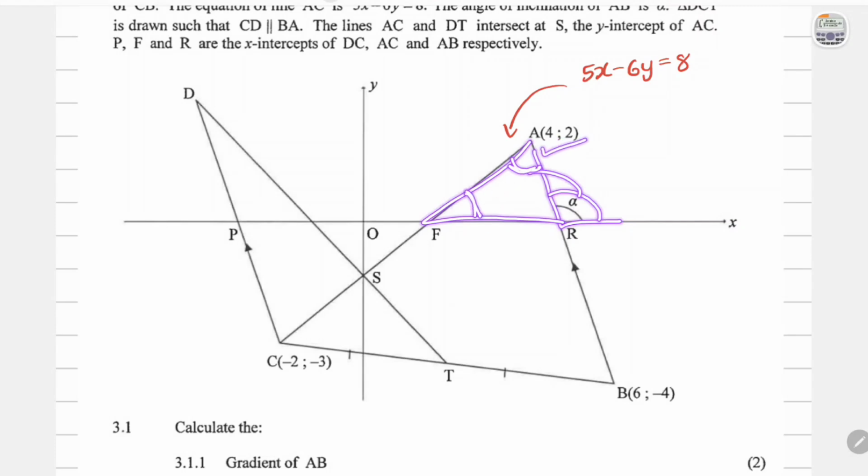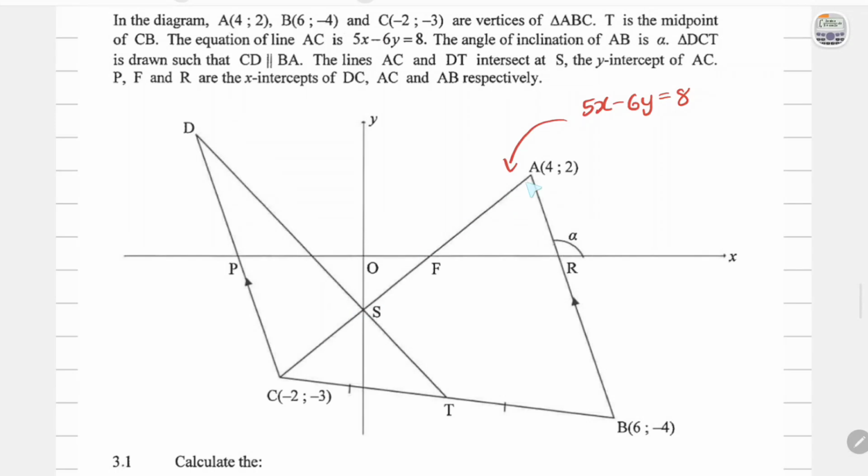So if this is what they want us to find, we already have this angle, then we just need this one, which does not seem difficult, because you see that this line AC is over here, and that angle is just the angle of inclination of that line. So let's find the angle of inclination of line AC, and then we'll be able to use that exterior angle rule to find angle A, which is of course DCA.